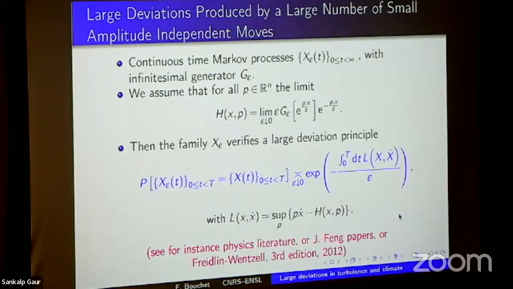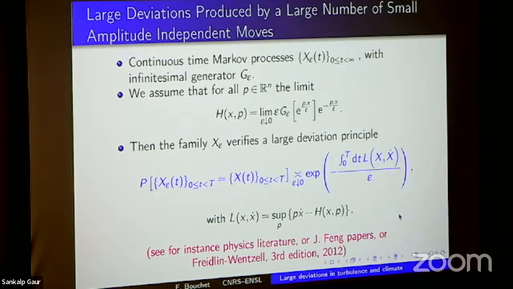Then there is a general result that is simple to derive, as theoretical physicists do, which is that if you can compute the limit when epsilon goes to 0 of this infinitesimal generator applied to exponential of p x divided by epsilon, multiplied by exponential of minus p x divided by epsilon, and multiplied by epsilon. So you just have to compute these limits.